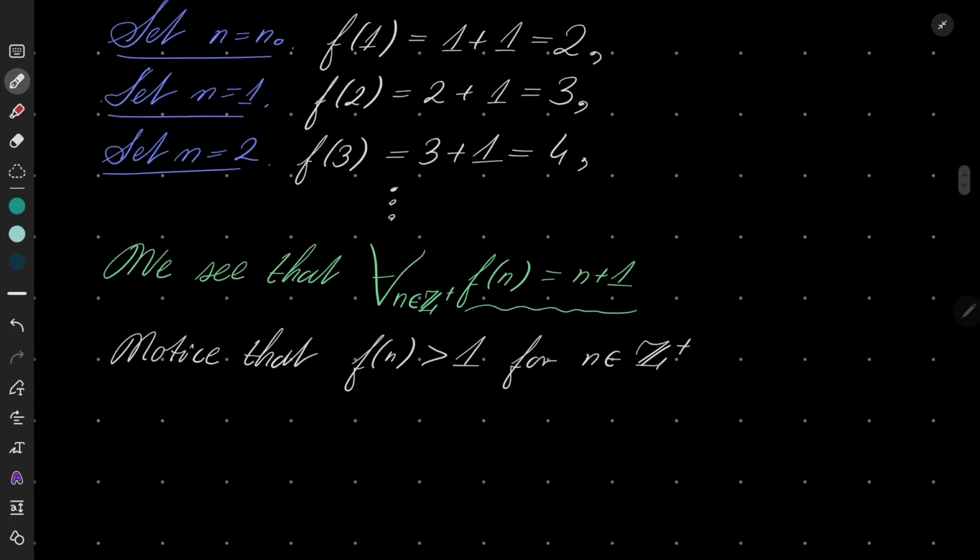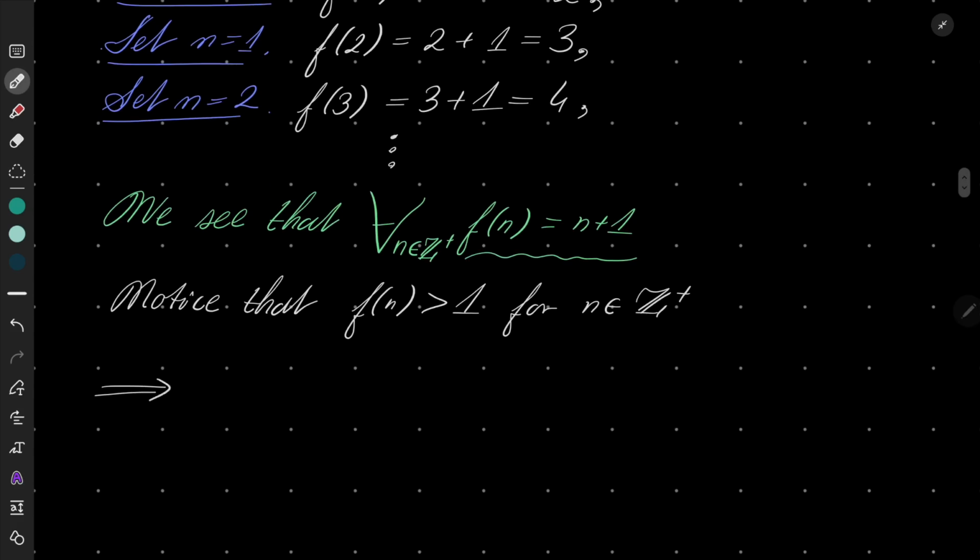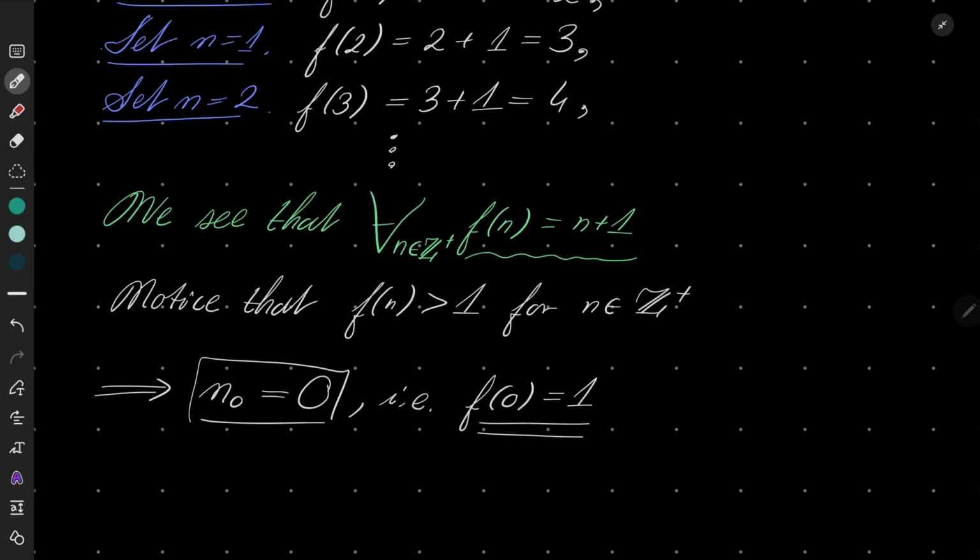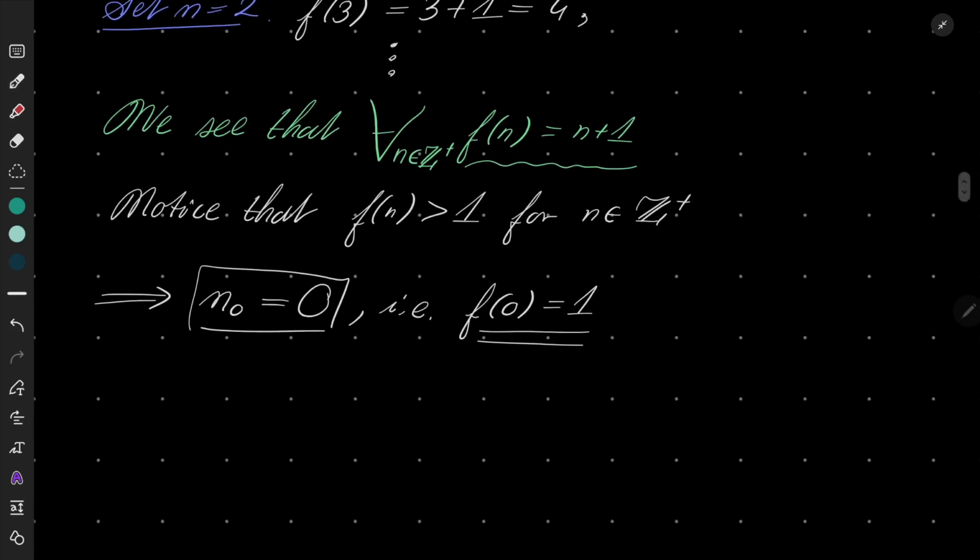So the only option is that n sub 0 must be equal to 0, i.e. f of 0 must be equal to 1. And now we have complete information about our function.